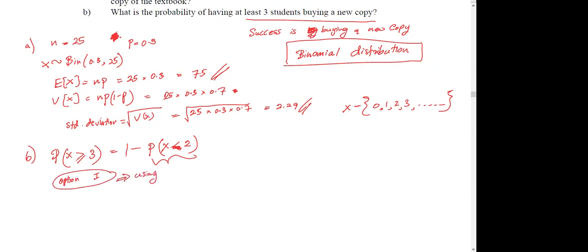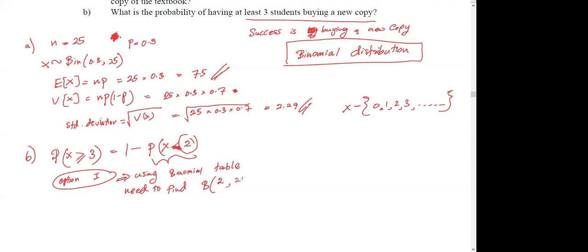Using the binomial table. From your appendix you can find this table. So I need to find b, and what's the value? 2.